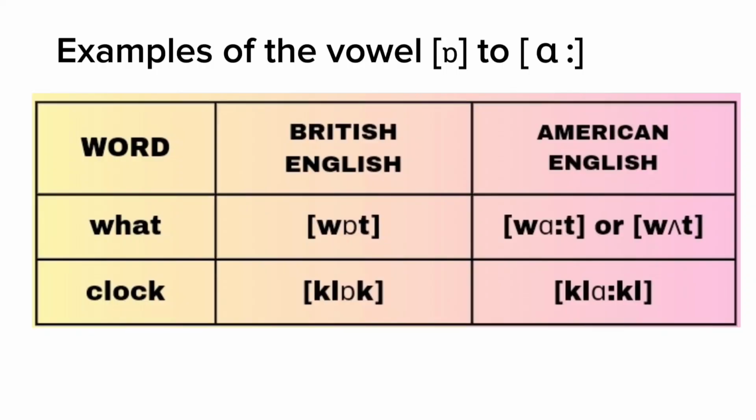The second example would be the word clock. In British English, clock is pronounced one way, while in American English, the word clock is pronounced differently. That is all for me.